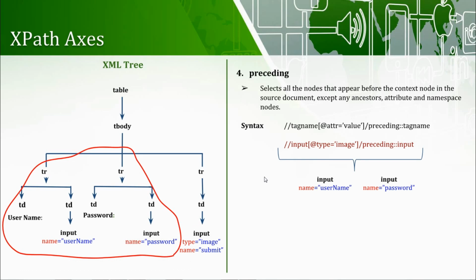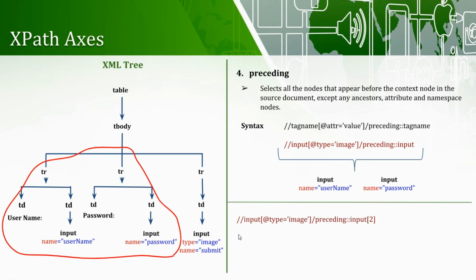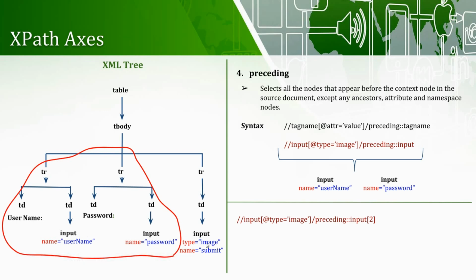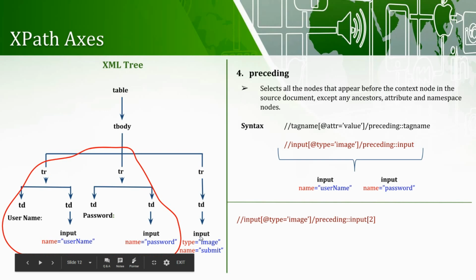I will take one more example. In this I am saying //input. So the tag is input and what is the condition? @type equals to image. So out of these three inputs, which is the input that has attribute type equals to image? It is this element. Then I am saying preceding.